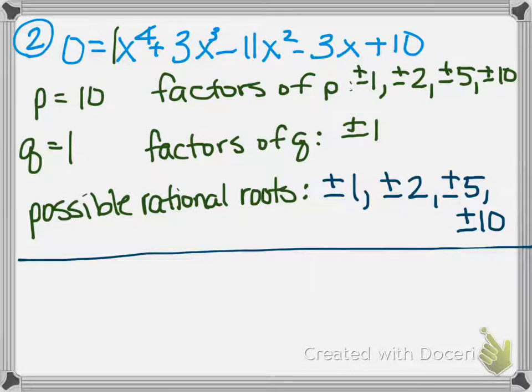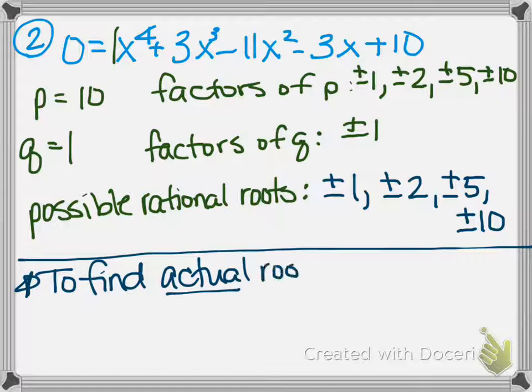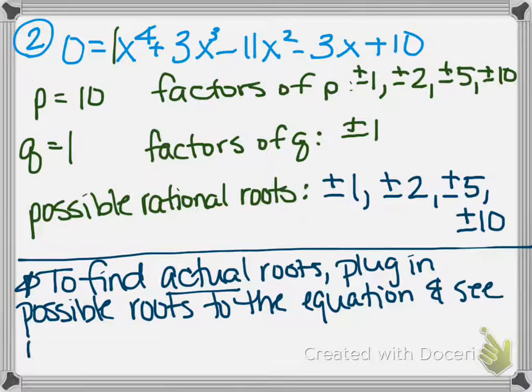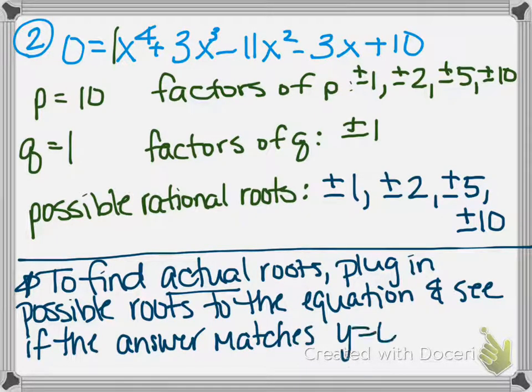So we found possible roots, but how do we know if they actually are or not? So to find actual roots, plug in possible roots to the equation and see if the answer matches y equals 0.